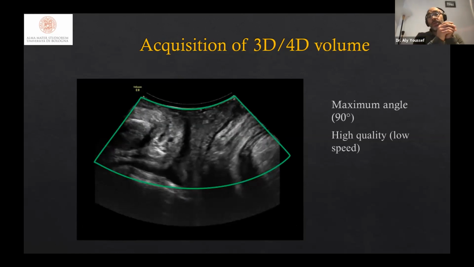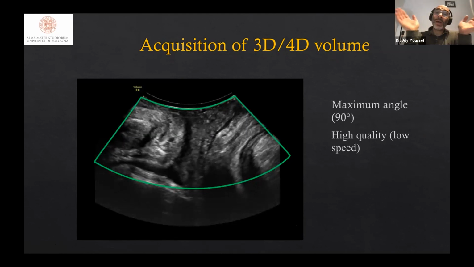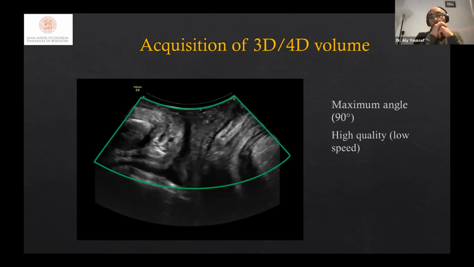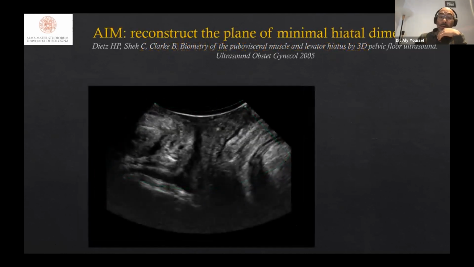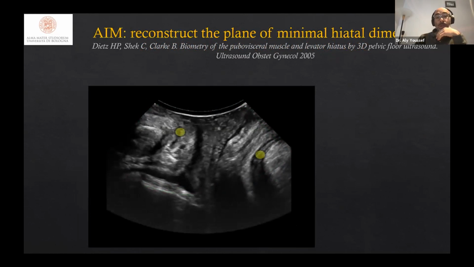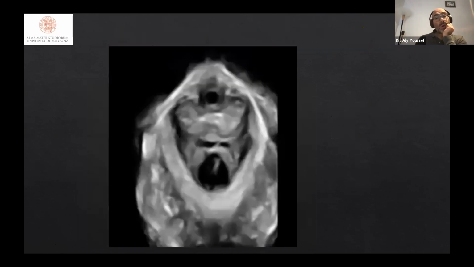The criteria of acquisition are that you always have to have a wide angle of acquisition and get a high quality acquisition. This is the plane that you need to reconstruct, which is almost always a little bit oblique. This is why you have to either rotate the plane of the levator ani muscle, or use a technique that can trace an oblique plane.